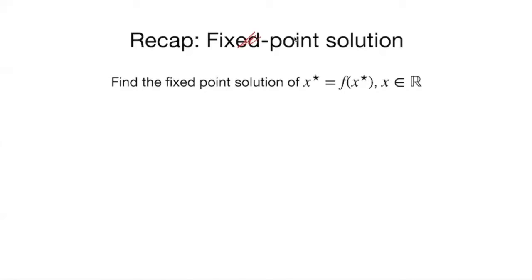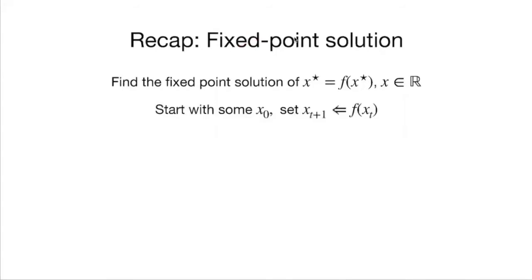We know that X star is a fixed point solution of this function F. And what we proposed is a very naive or natural algorithm: this iterative fixed point algorithm, where you make a guess for the initial point, x0, and then you just iterate. Your hope is that xt eventually converges to x star, because we know that once you get to x star, this iterative process is not going to change. It's going to keep outputting X star.